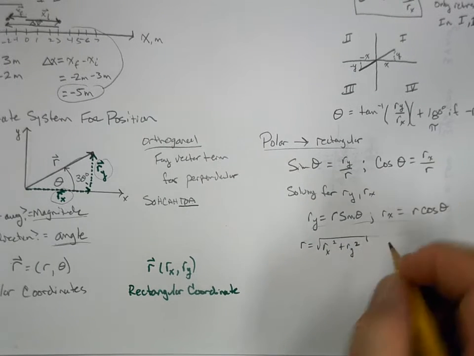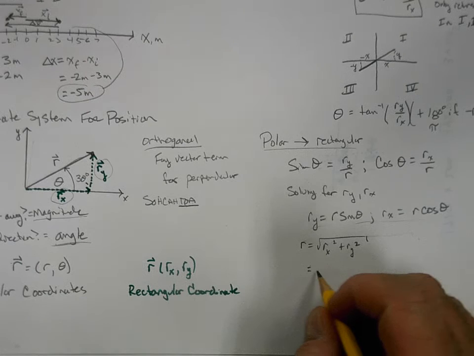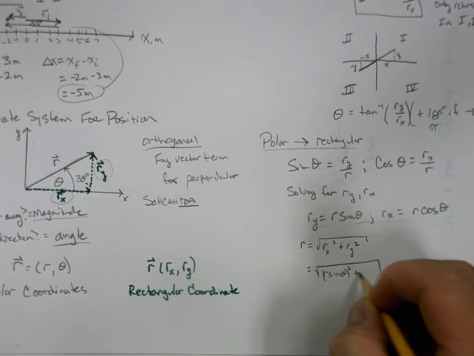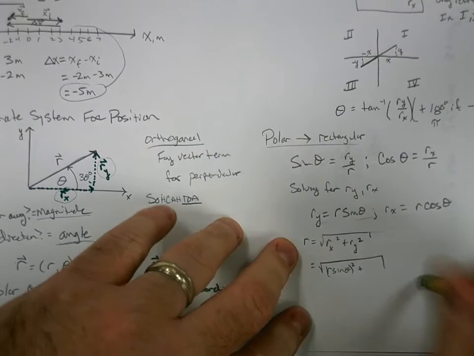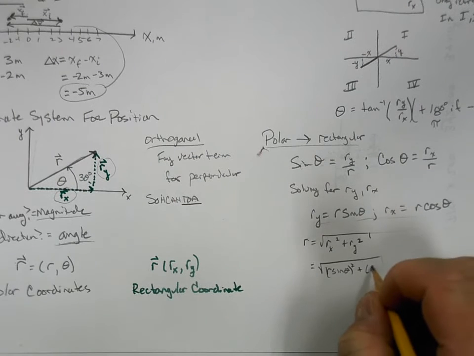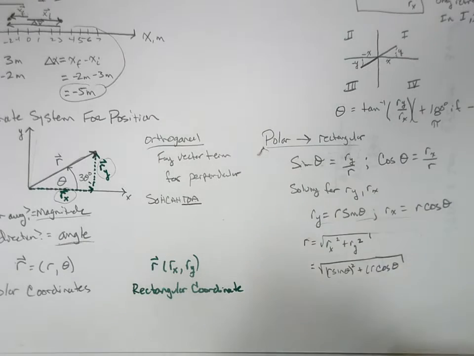In this particular case, it's going to equal the square root of r sine theta squared plus r cosine theta squared.